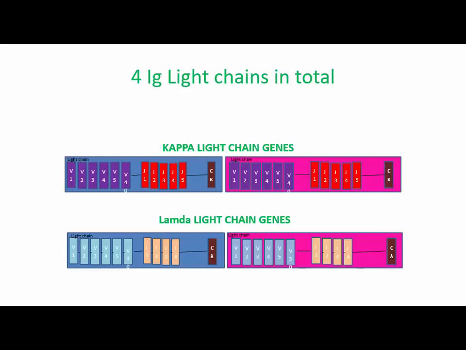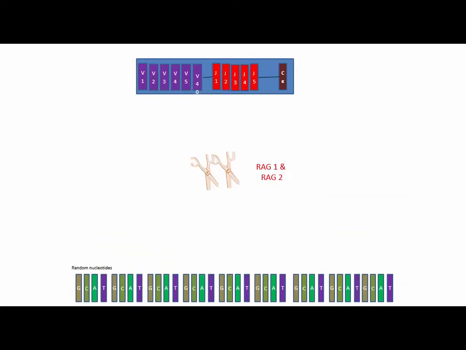Now we're moving on to light chain rearrangement. And as I said before, we have two types, with a kappa and with a lambda. And of course, we have two copies of each of those. So we always start with the kappa light chain, and again, it's these enzymes RAG1 and RAG2 that are involved.